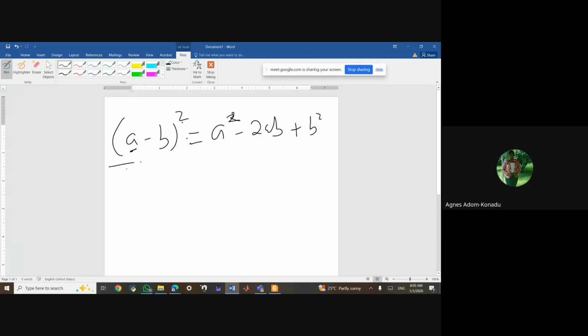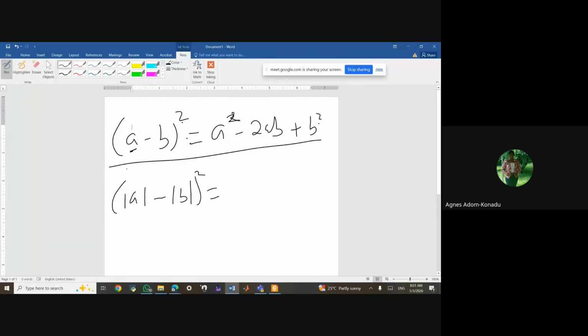Okay, so using this, expand this for me. You know that when you expand A minus B all squared, it is the same as A squared minus 2AB plus B squared.